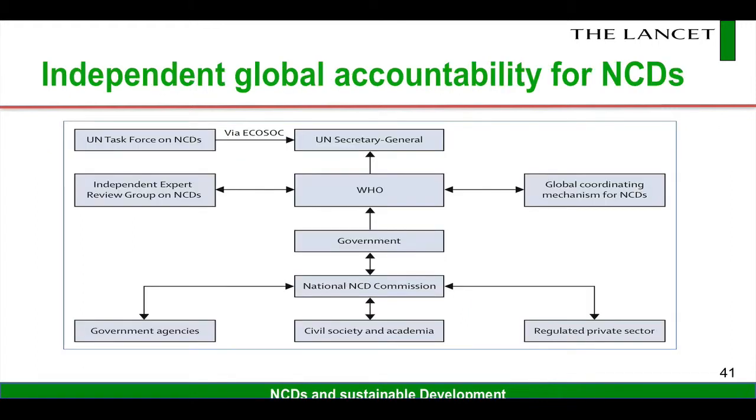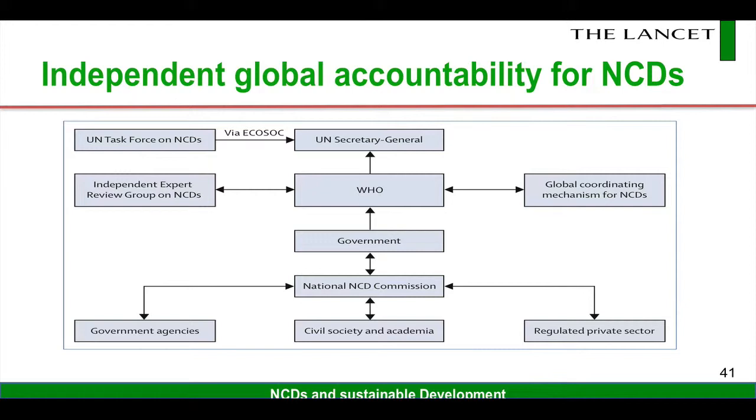Then the last point from this series, and please have a look, I'll have the link on our website, is what I'm always thinking too: who is evaluating the evaluator, who is monitoring the global monitoring framework of WHO, to see if this framework is actually delivering what the world community wants.